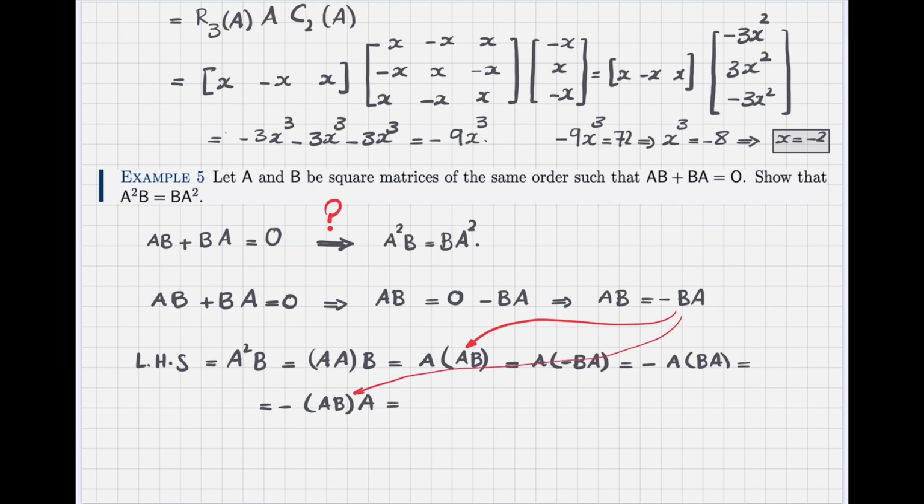Instead of AB I put minus BA, so it becomes minus and then minus BA, and then there is an A. But this minus and minus becomes positive, and I use associativity once more. I remove the pair of brackets from the first pair and put them around the second pair. So these two minus signs actually cancel each other. And then what happens is I have BA squared, yes? And that is exactly equal to the right hand side.